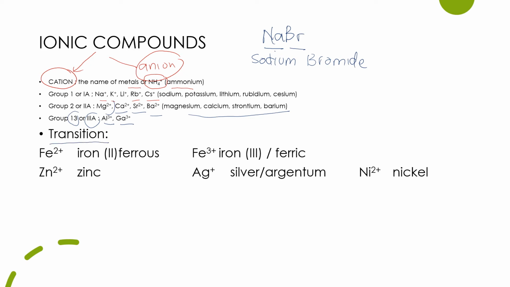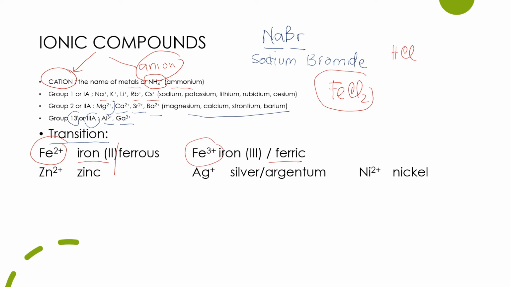For transition metals with more than one oxidation state, for example, iron +2 and +3, the name is iron(II) or ferrous for Fe2+, and iron(III) or ferric for Fe3+. For example, we have FeCl2 in here. Cl comes from HCl because this is salt, from metal and acid.